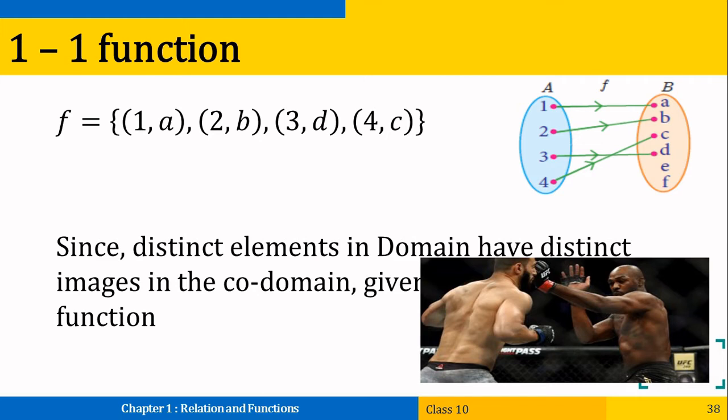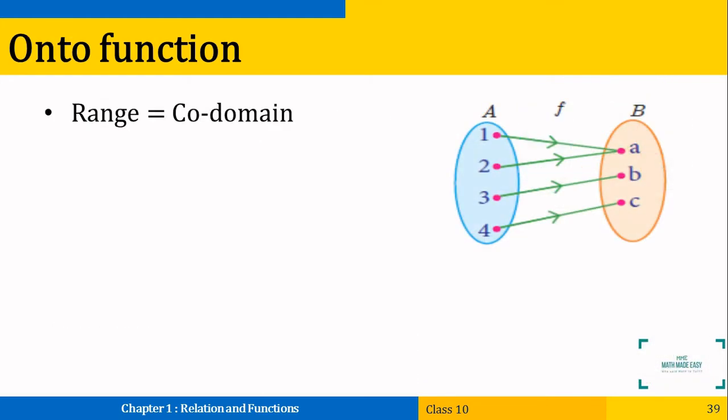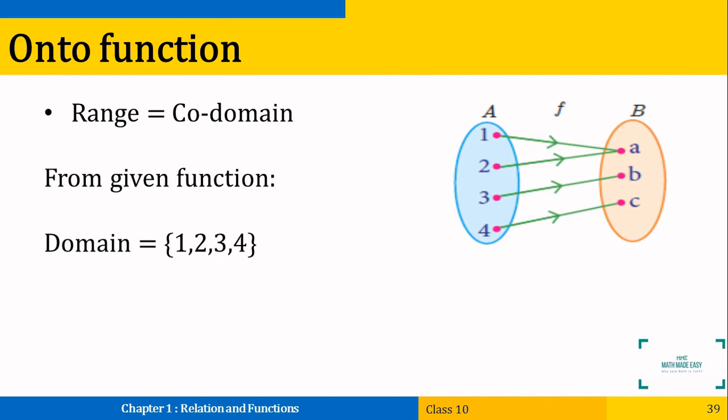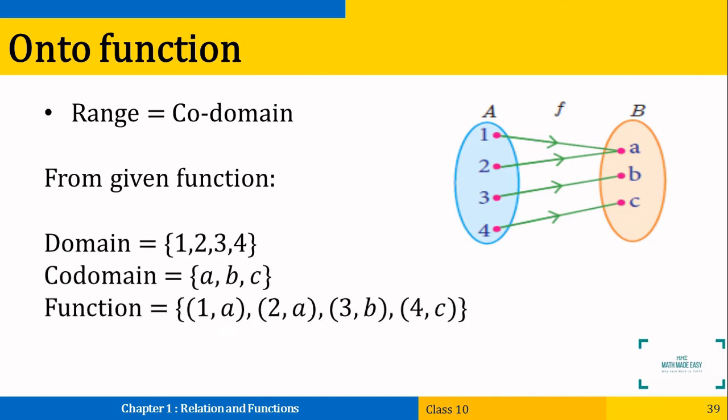So moving on to onto function, whenever the range is equal to the codomain, then we'll call that an onto function. Here as an example, let us consider the definition of f to be mapped from the domain {1, 2, 3, 4} to the codomain {a, b, c}. So here the function is (1, a), (2, a), (3, b), and (4, c).